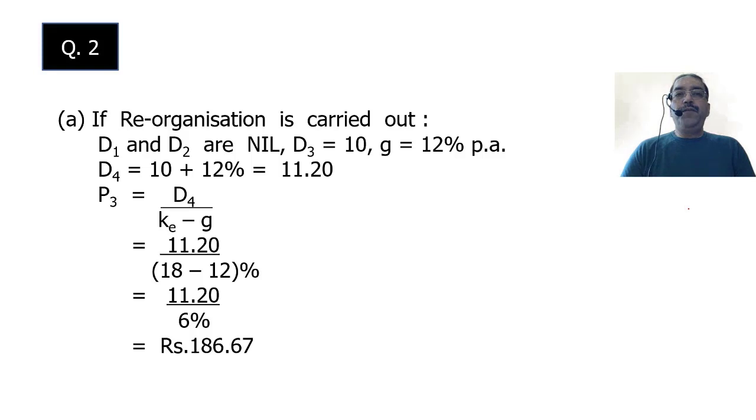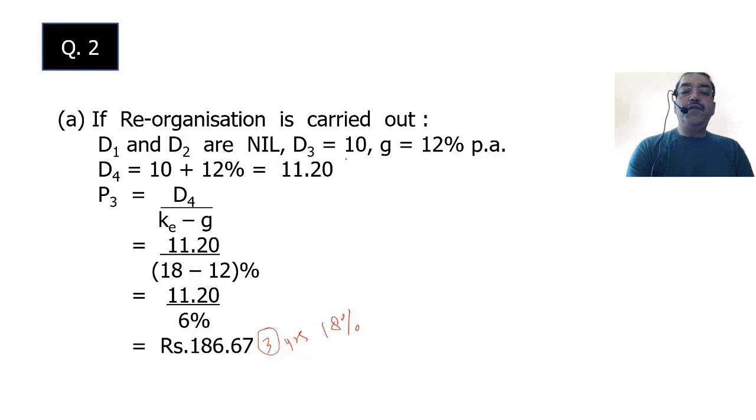What is this value? This is P3 value. I want P0 value. So P3 value, this I will discount by 3 years, at 18%, the cost of capital.